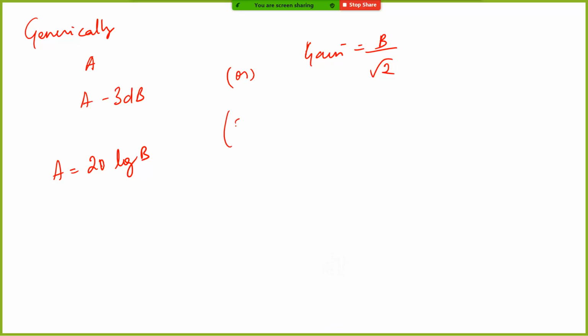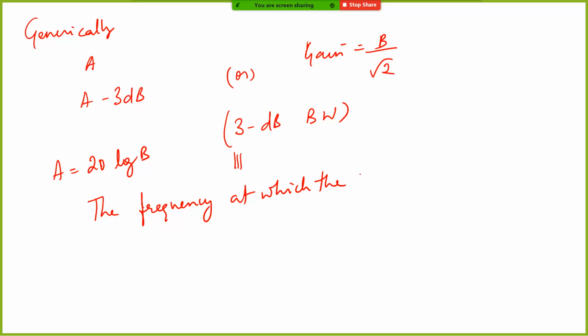And this is what is called the 3 dB bandwidth, which is defined as the frequency at which the gain drops by 1 by root 2 or by minus 3 dB as the case may be.